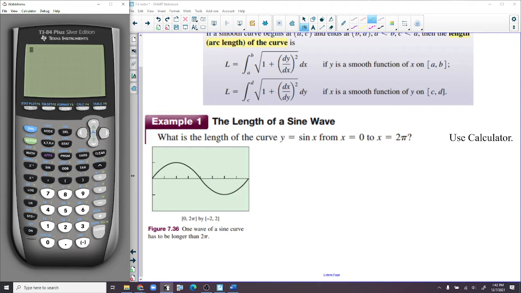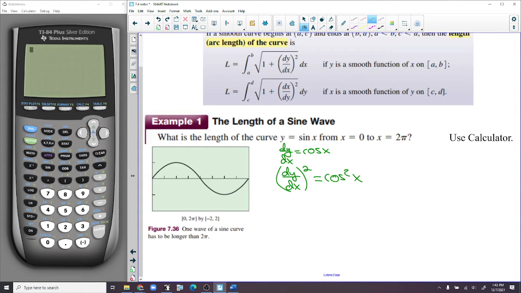All right, anyway, what is the length of the curve y equals sine of x from 0 to 2 pi? We need dy/dx. That's cosine of x. And then we need dy/dx squared. We need the first derivative, not the second derivative, but the first derivative squared is cosine squared of x.